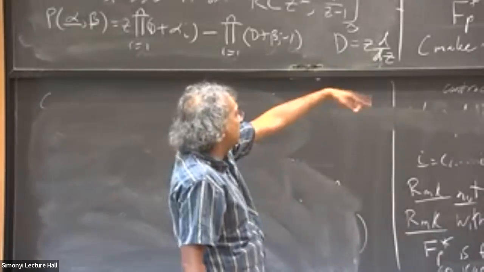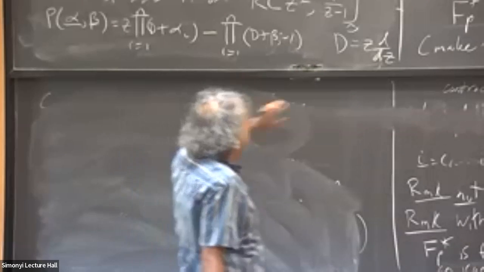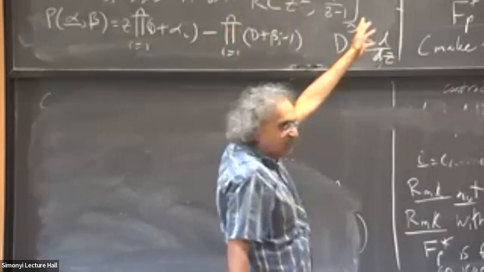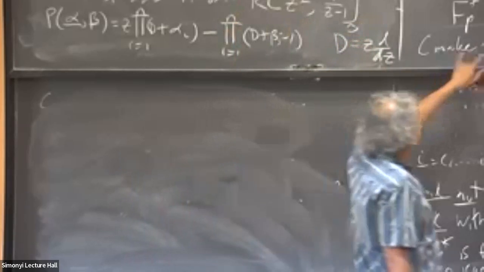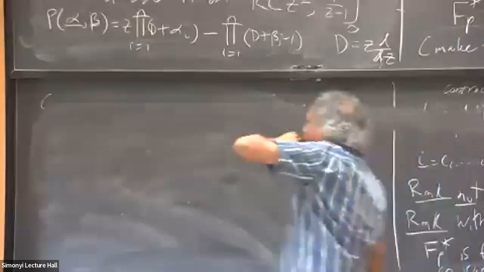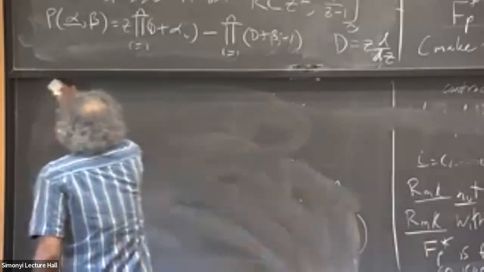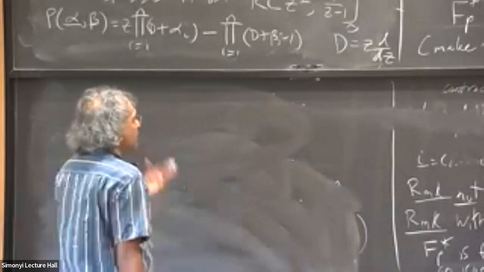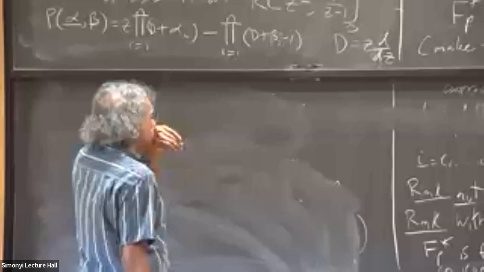He doesn't use this algebraic language, and he's thinking of the alphas and betas as being elements of ZP, but he gives you a formula that achieves this goal. So you can make that pretty explicit.